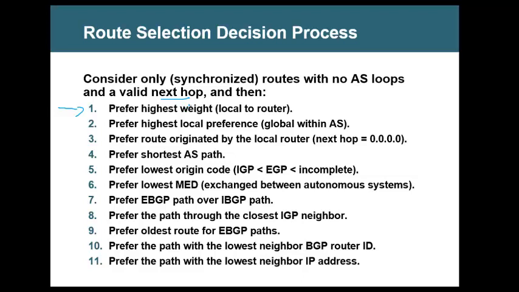BGP decides whether to go this way or this way. R1 is receiving routes for alpha network, some destination alpha. First thing it sees: do I have a reachable next hop via router A and router B?